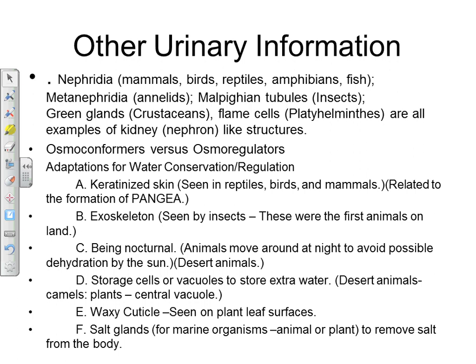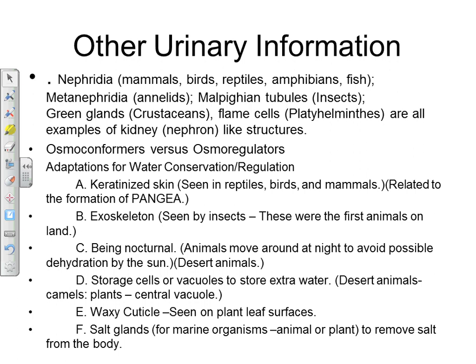Waxy cuticle. And then finally, some animals, especially marine animals and plants, have these things called salt glands. Which if they get too salty inside, what do those glands do? They pump out salt. It's a way to pump out extra salt. And if you pump out extra salt, or in some cases you might be able to pump it in. But typically, they're pumping out salt to keep the salt water balance correct.